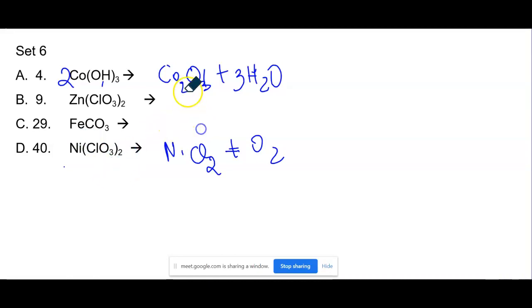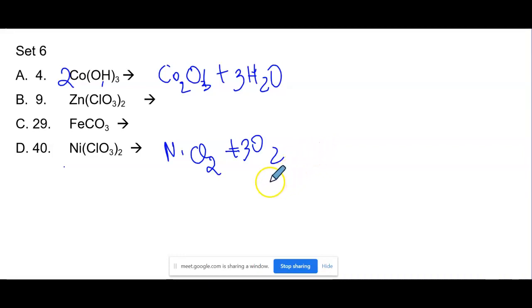All right, so now we're going to balance, okay? So I've got 2 chlorines and 2 chlorines. I got 1 nickel, and I got 6 oxygens and only 2 oxygens. So I'm going to put a 3 here, and now we've got 6 oxygens on both sides. Yes, because the 2 goes through the parentheses only.